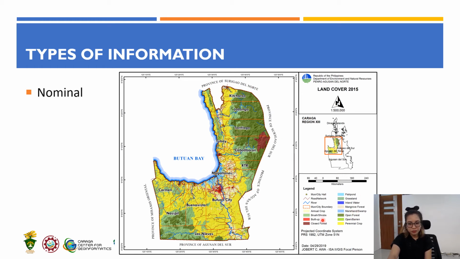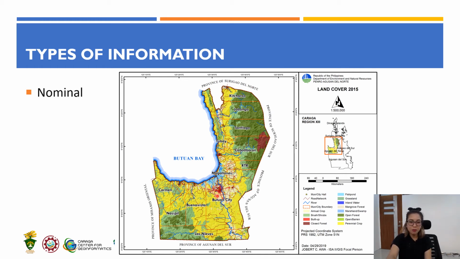So if I am going to validate the elements in the legend that I see here, I would say that it's correct because the built-up is near the coastal area. Not really coastal, but maybe in this map the built-ups are near the mountain, but they're not visible on the map, only small ones.